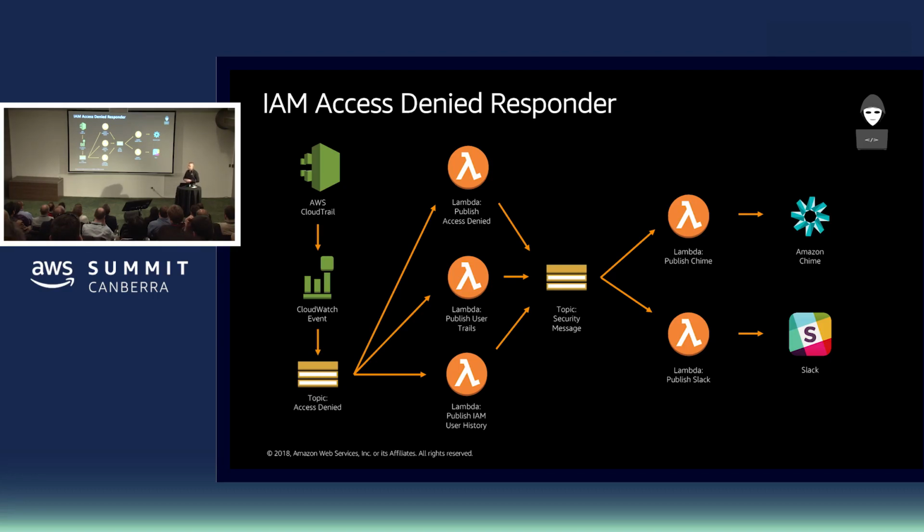So we can get all of this information within a few seconds of the actual access denied attempt being made. And we can look up the IP addresses through a Whois service. The XML Whois service is the one that we've used in this example. So we can get all of that information really, really quickly.